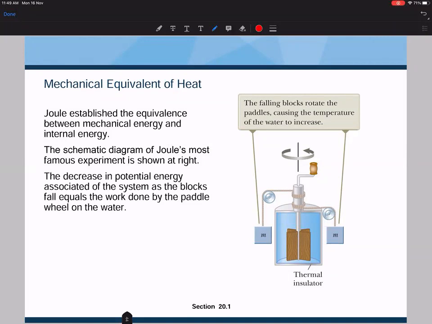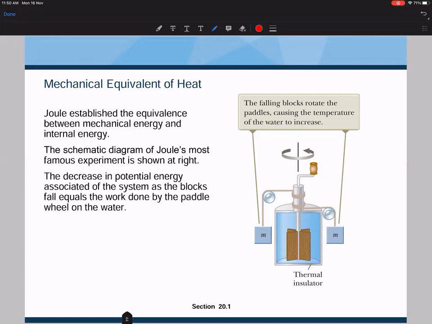When the mass drops in the system, it performs work by paddling in the water. Now it looks very funny, but during the process, the work done would be sufficient to raise the temperature of the water. So in this way, the effect would be identical to putting a fire next to the container and transferring the heat energy by the temperature difference.